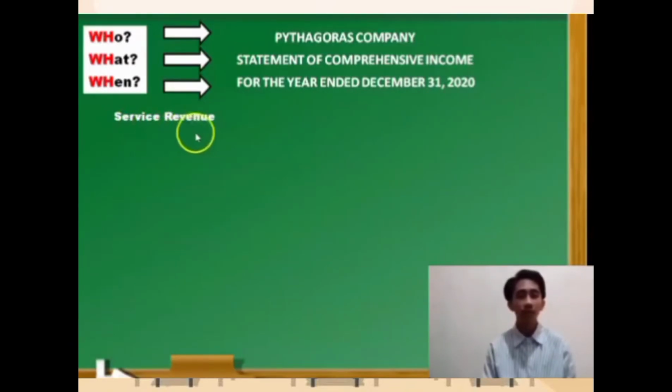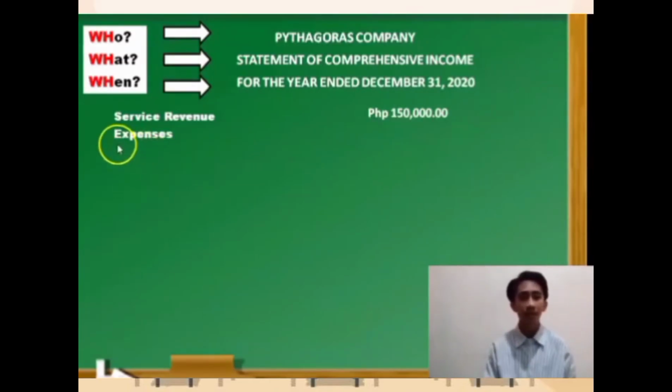After the heading, we proceed to the second step, which is revenue, or the total amount of income generated by the company providing services to customers. In our example, the value of service revenue is 150,000 pesos. Next, for our third step, it is the expenses of the service company. Please note, in listing the expenses, make sure that the expense with the largest amount always comes first.